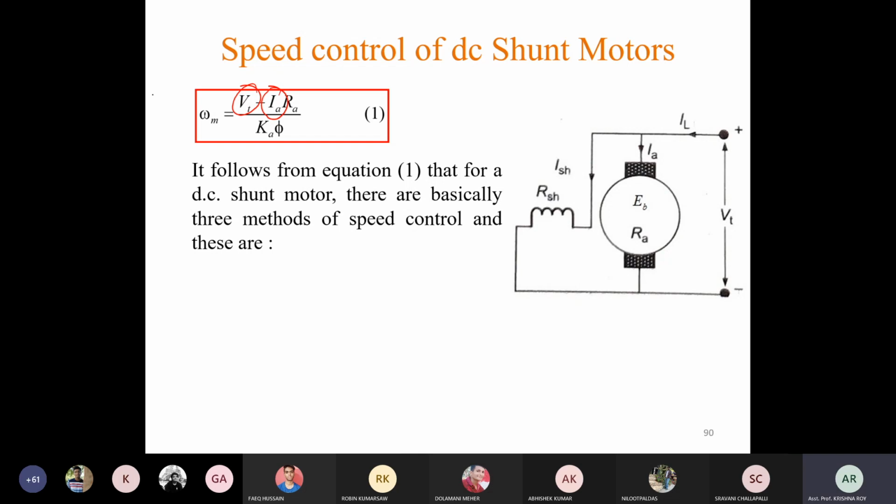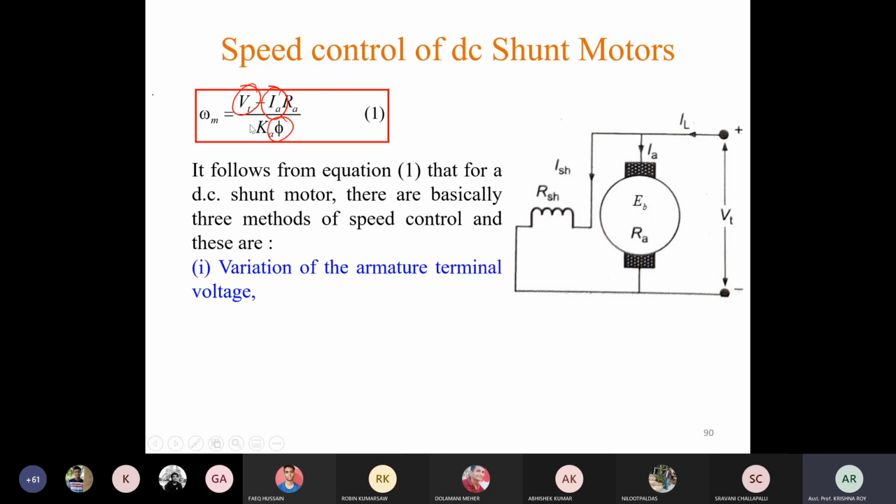Then also this omega m, that is the speed, will change. Or we can change flux phi keeping Vt and Ia constant. Then also we will get the variable speed. So from this equation we can conclude that there are three possible methods of speed control of the DC shunt motor.